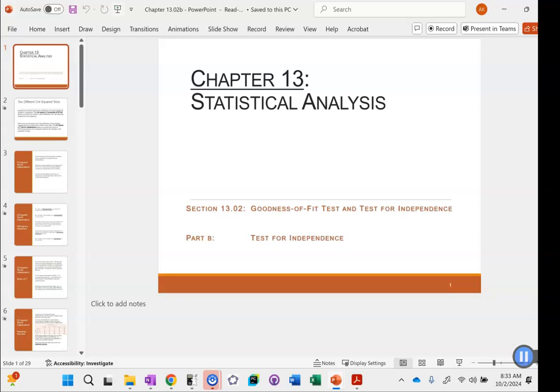Okay. Now this table is our observed counts table. What we'll do next is make our expected counts table.